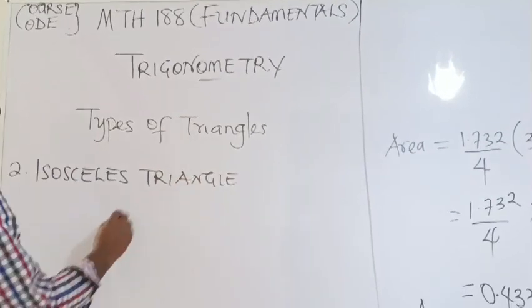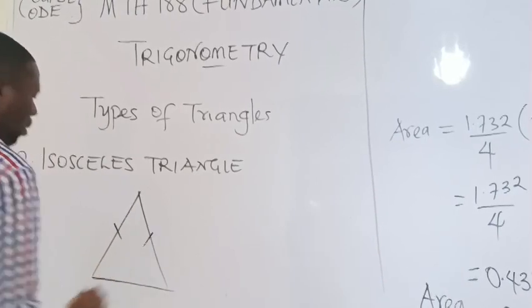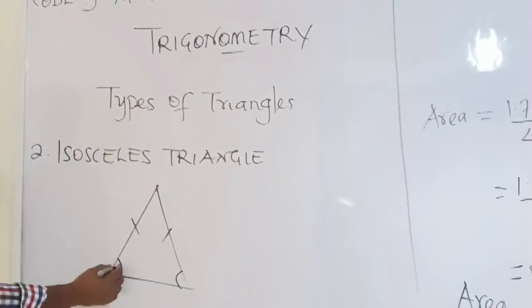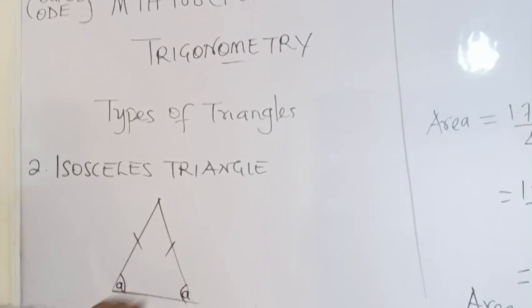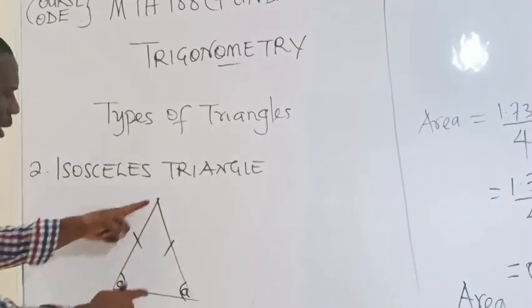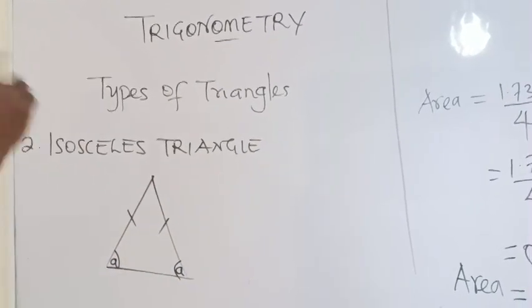It's a triangle like so, whose 2 sides and 2 angles are equal. So if this is angle A, this is also angle A, and whatever the value of this side is the same as the value of this side also.